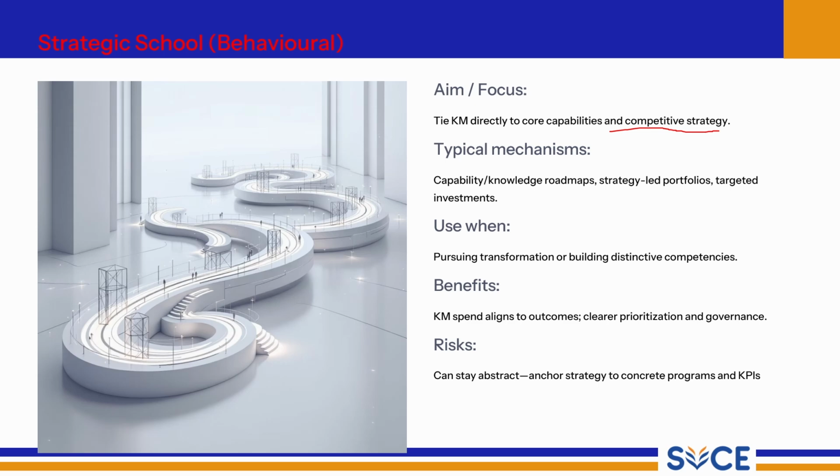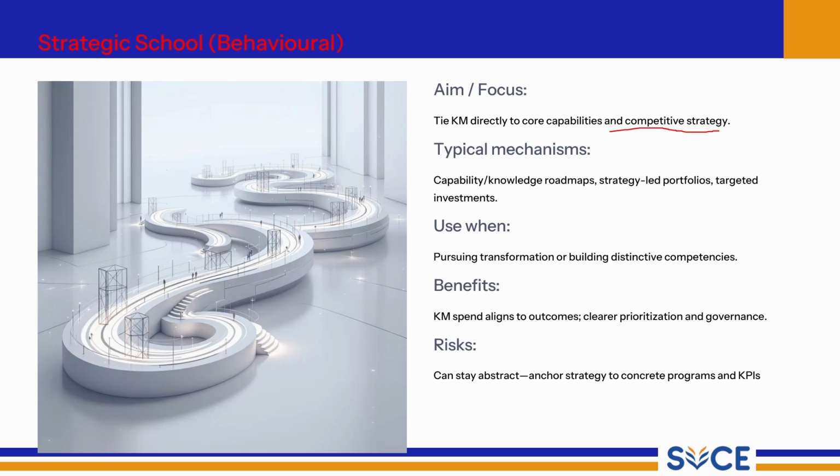Here, the typical mechanisms are capability and knowledge roadmaps, strategy-led portfolios, and targeted investment. So, the mechanisms here look like capability roadmaps and strategic portfolios. This helps align business priorities and growth opportunities, moving from knowledge management projects to a knowledge management portfolio.